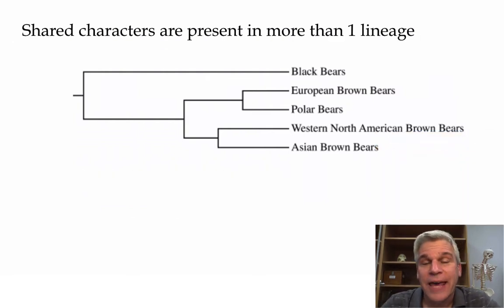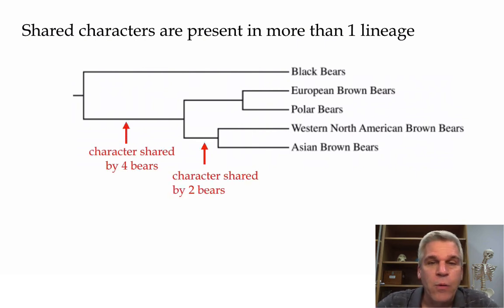Shared characters can be present in more than one lineage. So for instance, we see that with that bottom four group of bears, all four of them share a common characteristic or derived character. But when we look at the bottom two, the Western North American brown bears and the Asian brown bears, they have a shared character between them that the European brown bears and the polar bears don't have.